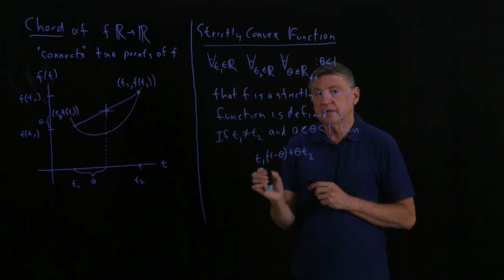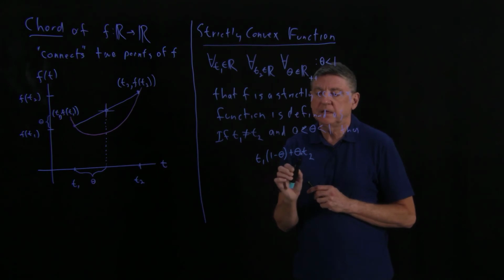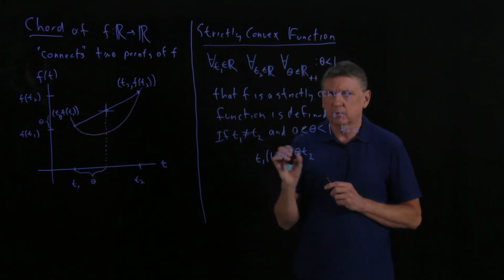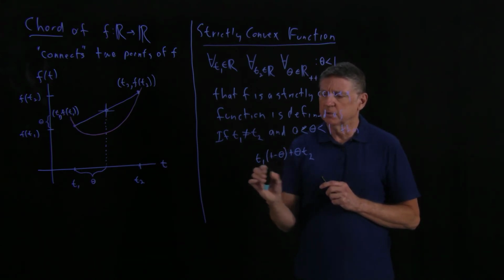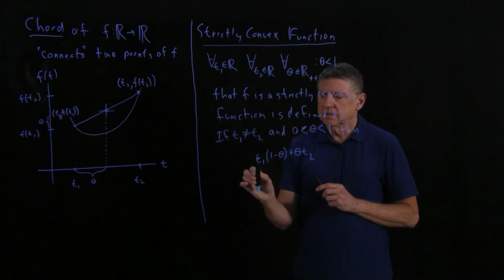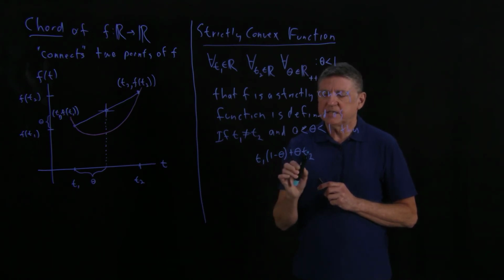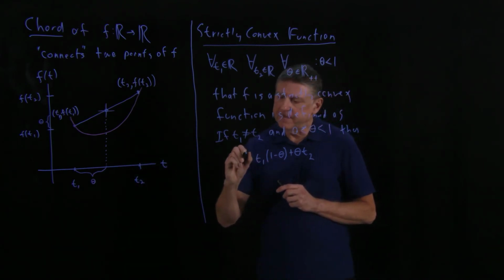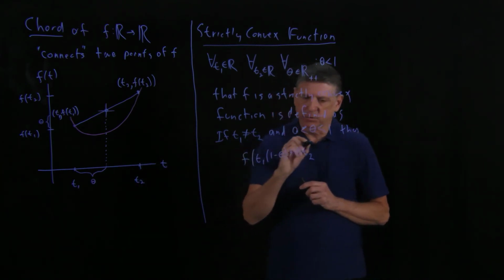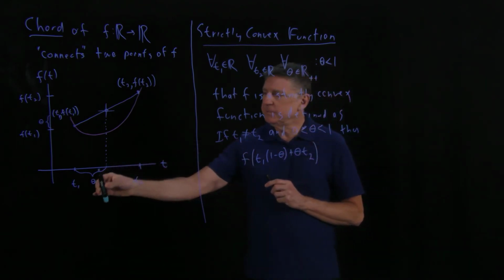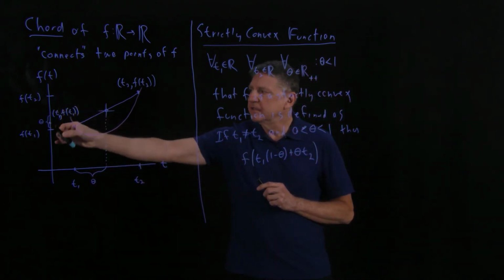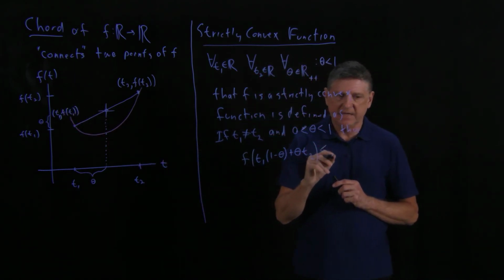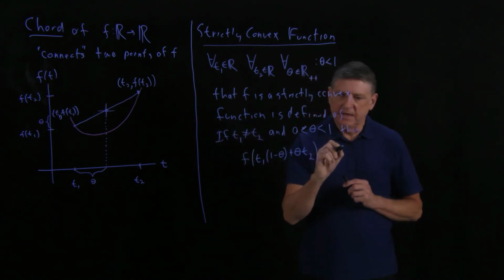So this is linearly interpolating. Those would be the boundary cases that we can't apply here, but our reasoning is that this linear interpolation will take us between T1 and T2 as we increase theta from 0 up to 1. And if we evaluate the function at that point, then it has to be strictly less than this interpolant. What would that interpolant be?